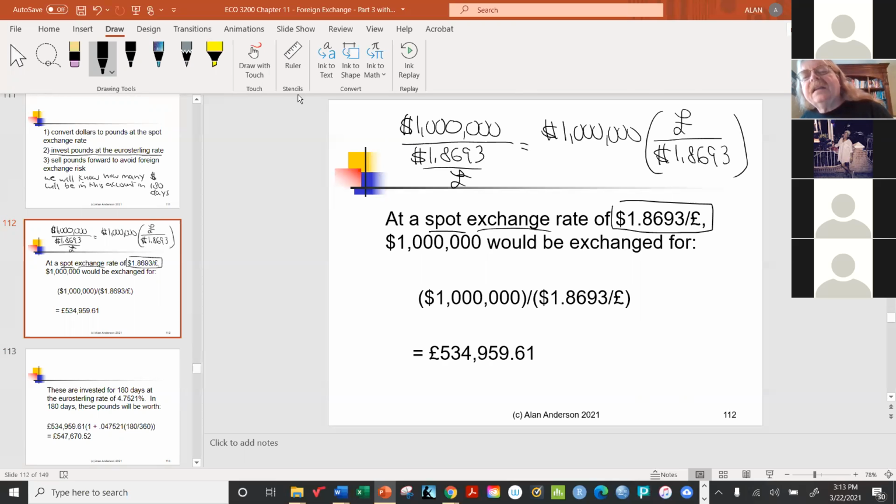And now by writing it this way, you can see the dollars cancel out and we're left with this number of pounds. Okay, so if you weren't sure whether you should multiply or divide, you can write them out like this and see which currencies cancel out, if any. And if you're left with the right units, that means you must have done it correctly. If you've got the wrong units, well, it means the opposite.